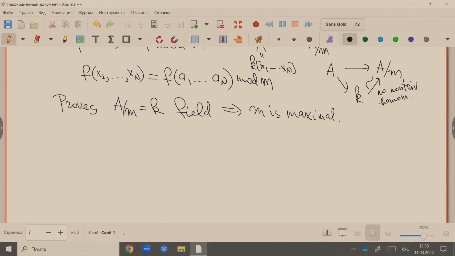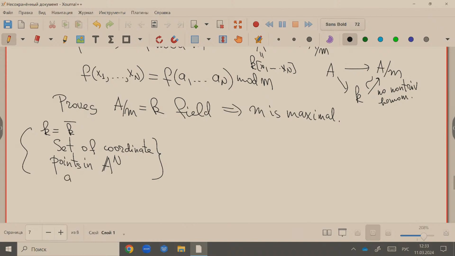Suppose the field is algebraically closed. You have a set of coordinate points in A^n, just the collection of coordinates.